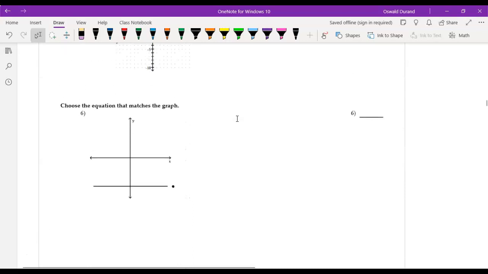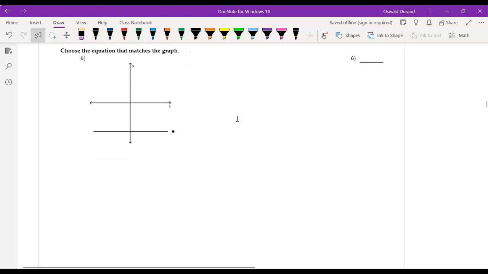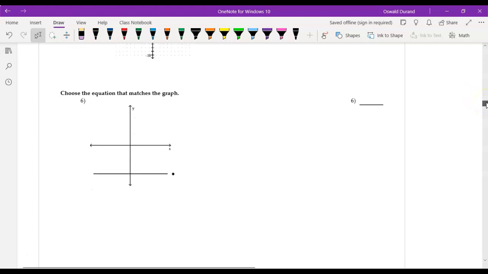All right, so this one is a good example, right? So let's do this one, because you have to use your knowledge here. Here you have your coordinate graph, with the x-axis and the y-axis, and here I have my horizontal line.